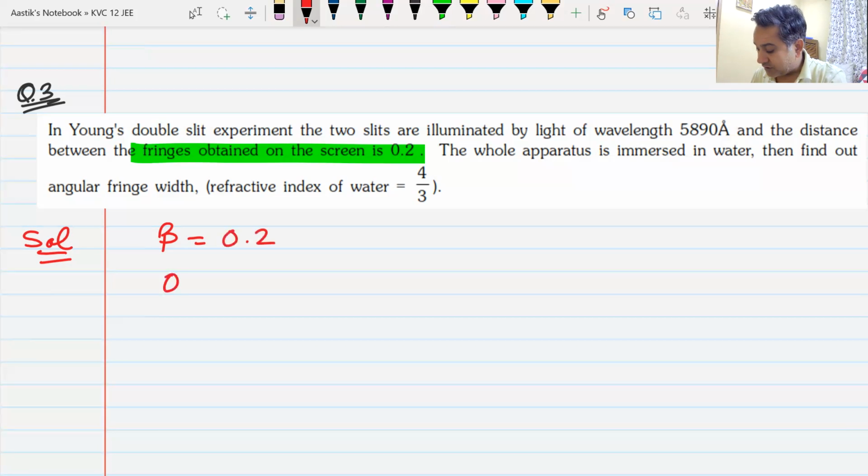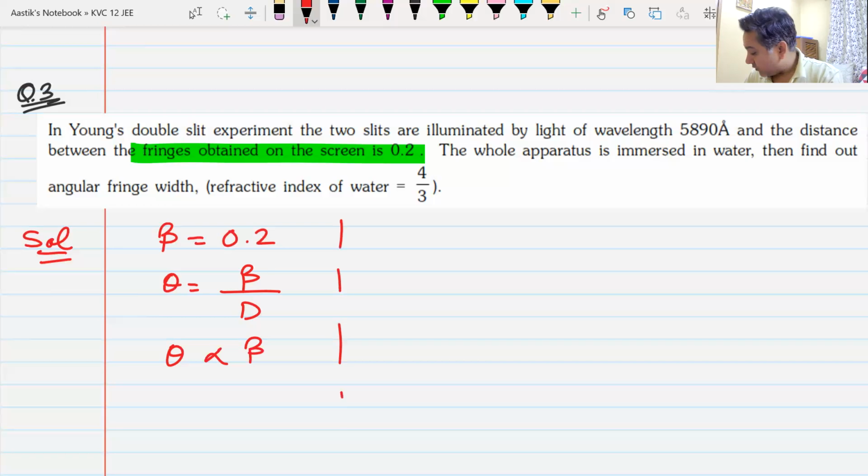Now, if we talk about alpha, it is beta divided by d. Yes or no? Now, d, the distance between the slit and the screen, will remain the same. That means alpha is directly proportional to beta.